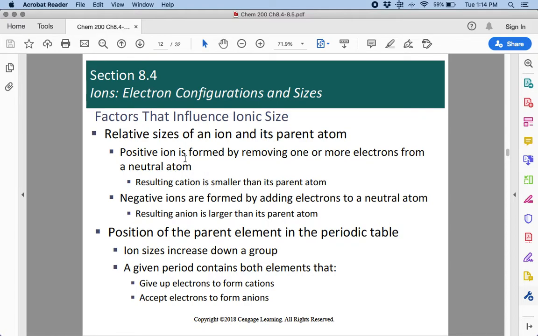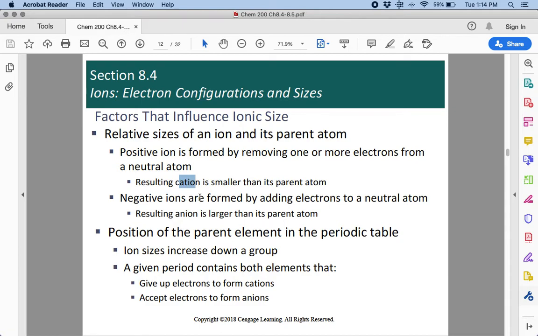So again, a positive ion is formed by removing 1 or more electrons from a neutral atom. So the resulting cation is always going to be smaller than the parent atom. If the parent atom is a sodium atom, the sodium cation will be smaller, and this should make sense. Write out your electronic configurations for a parent atom and its resulting cation, and you will see that you've gone down an n shell, right?